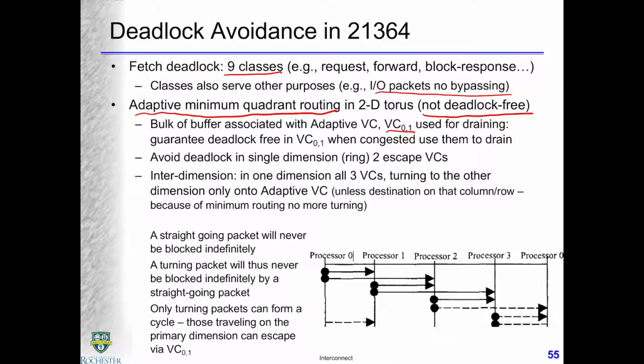This is the common case. We let things go, we hope things are fine. Most of the buffers are associated with it, so we can do whatever we want, but what if I have deadlock? Then I use escape VCs, one on each dimension. There is one escape VC for the horizontal dimension, one for the vertical dimension.